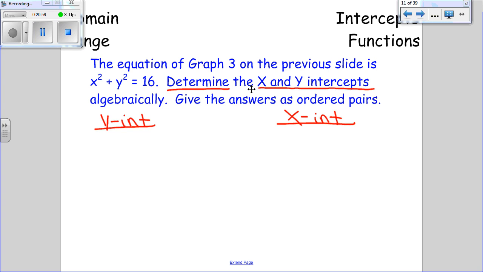It has to. That allows me to take my input value of x equals 0 and plug it into my equation. That means I have 0 squared plus y squared equals 16.